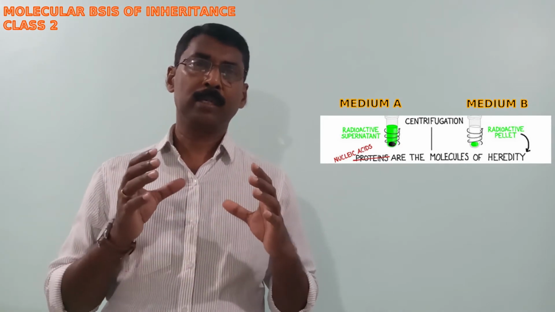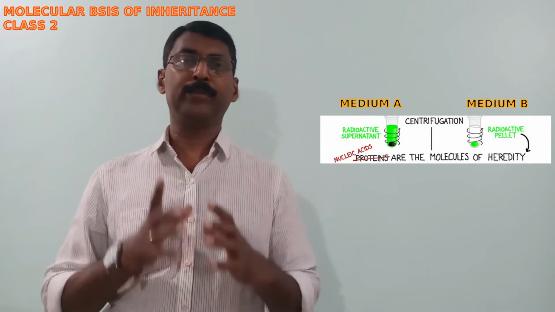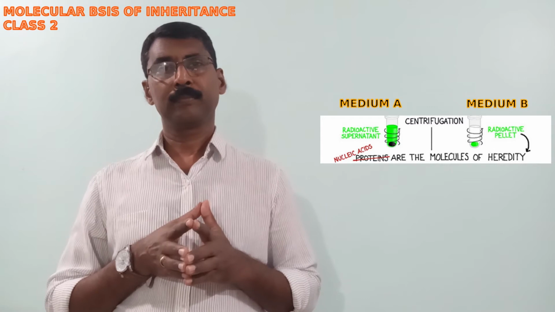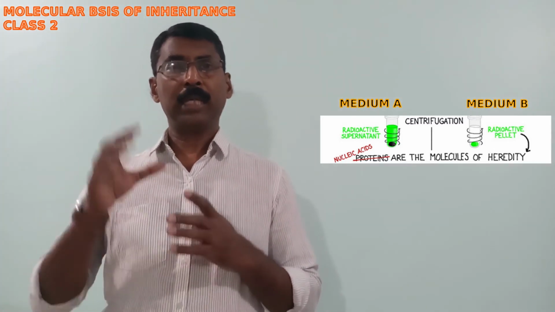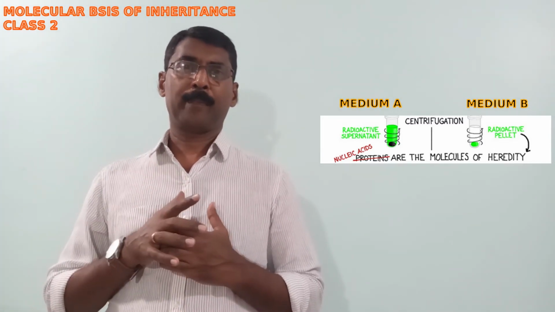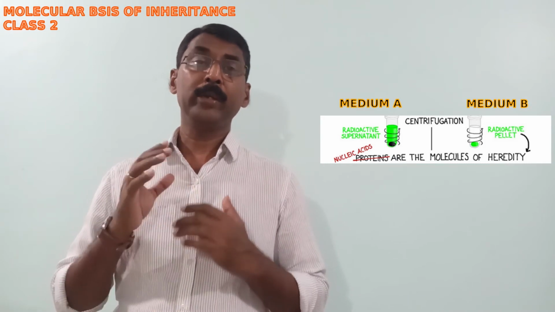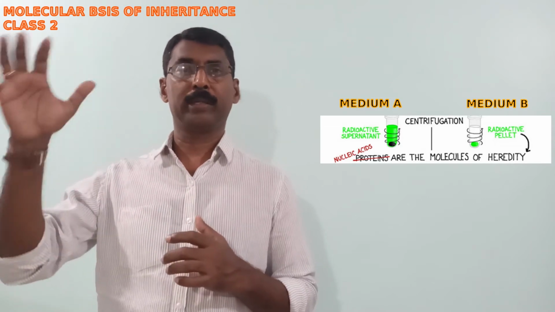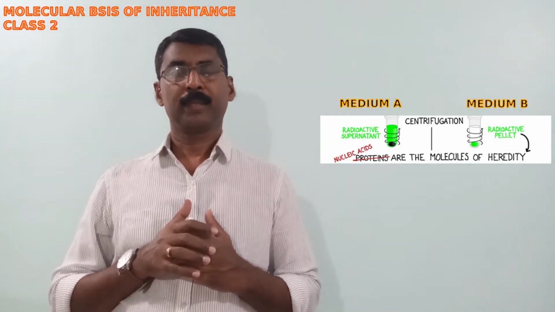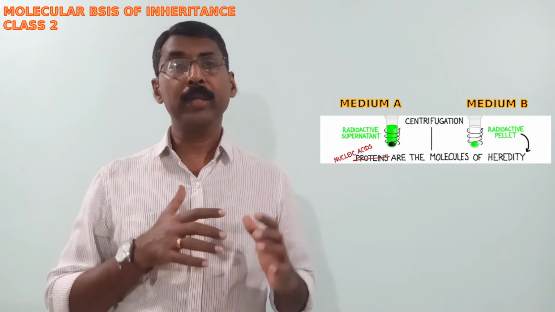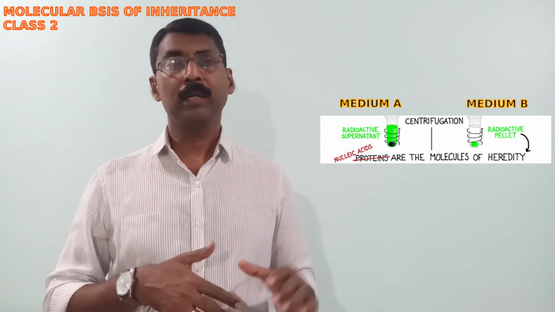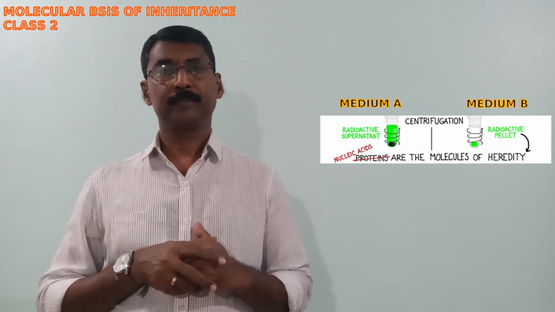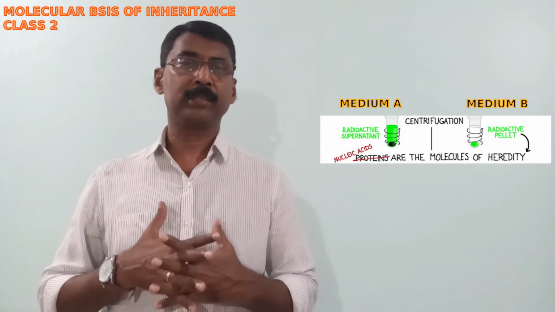And it was understood that in culture medium A, radioactivity was observed in the supernatant, and in culture medium B, the radioactivity was identified in the sediment. What does it indicate?